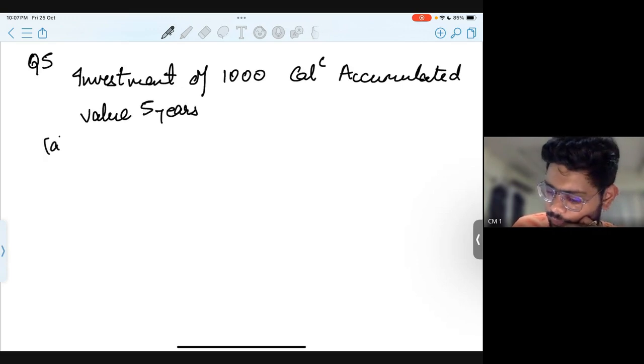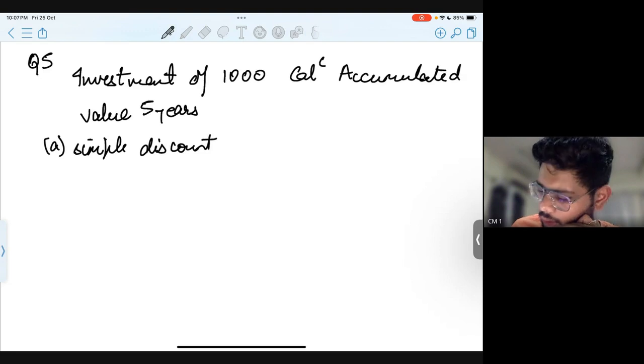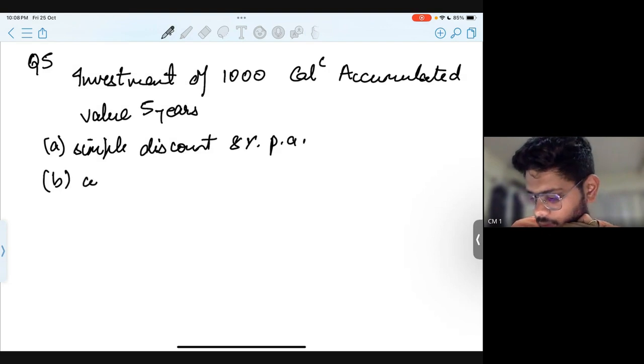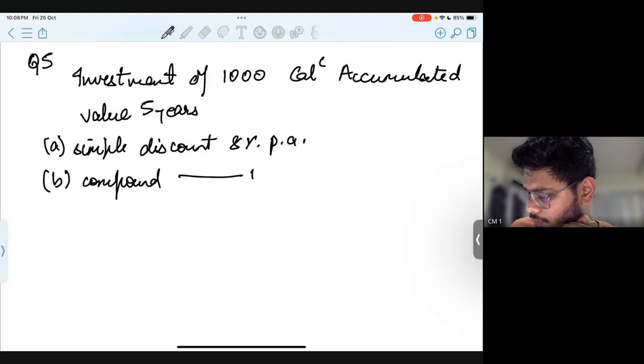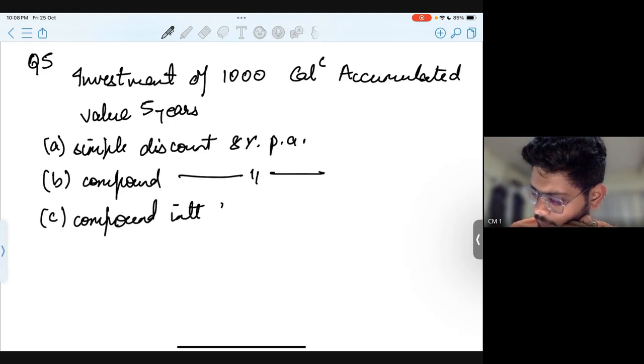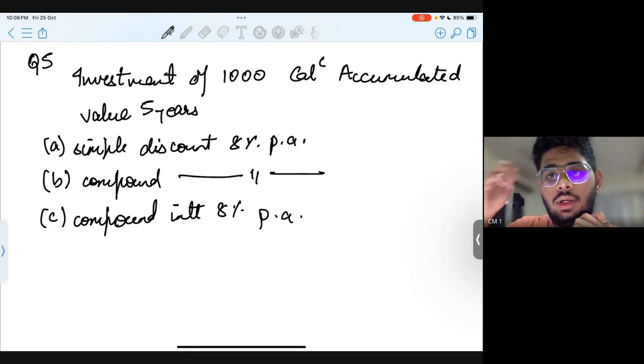A: simple discount at 8%. B: compound discount. Okay.